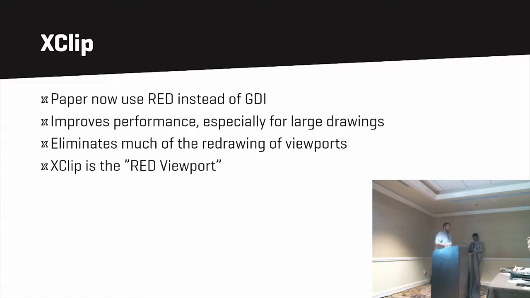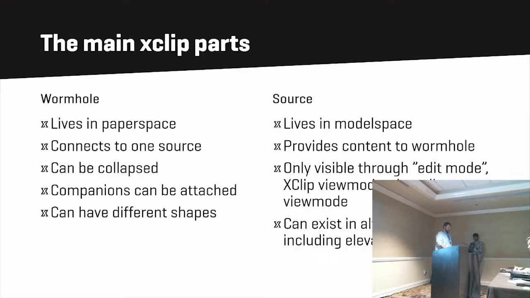So yeah, we have two parts of an XClip or viewport. We have the wormhole and the source. They work together, and the wormhole is what you see in Paperspace, basically, and the source exists in model space, and it provides the content that the wormhole should show.